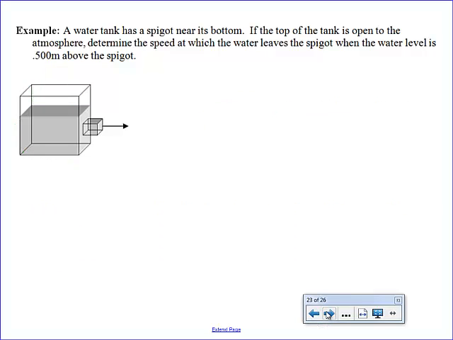So here we go. Using Bernoulli's equation, I'll write this out.